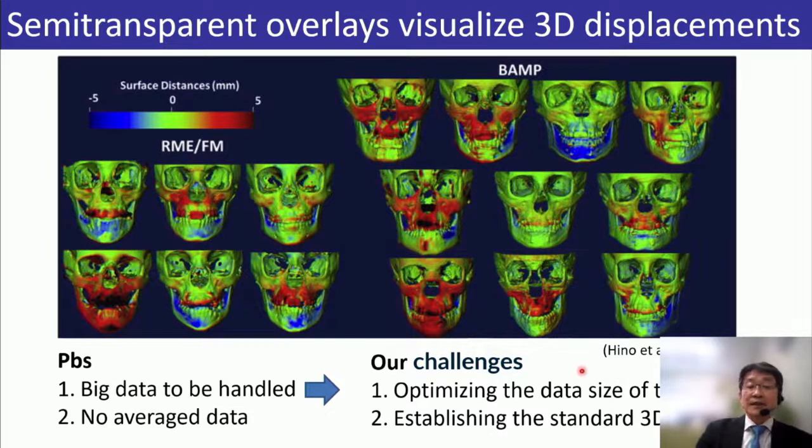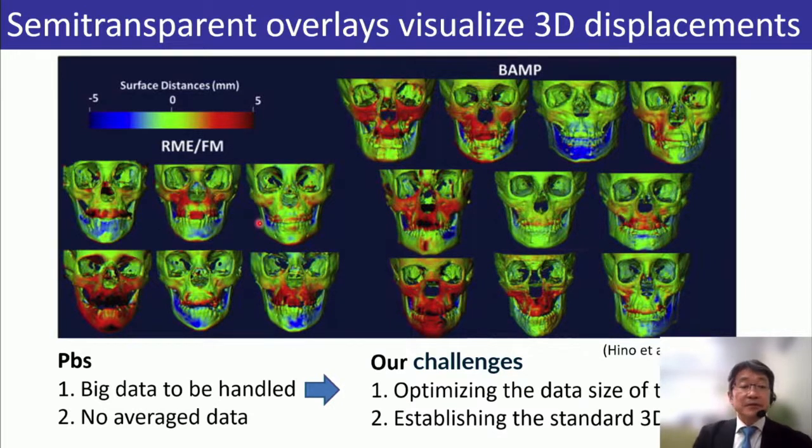They evaluated the effect of the bone-anchored maxillary protraction, BAMP, and three-dimensional displacement between the pre- and post-treatment was clearly visualized as a gradient of color code on the 3D images.